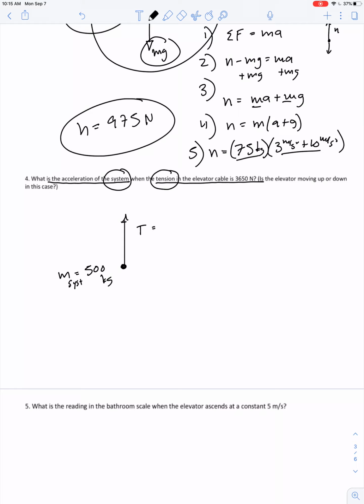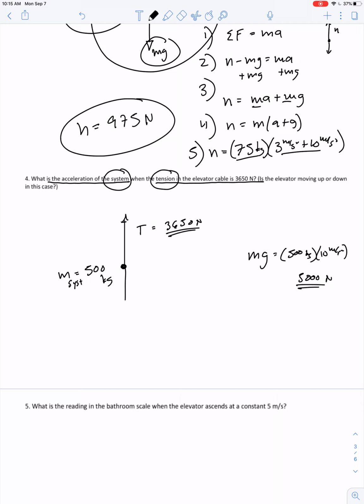Now wait a minute, we're told the tension is 3,650 newtons. And I'm going to put in this other force, mg, for the weight of the whole system. That's 500 kilograms times 10 meters per second squared. That's 5,000 newtons.